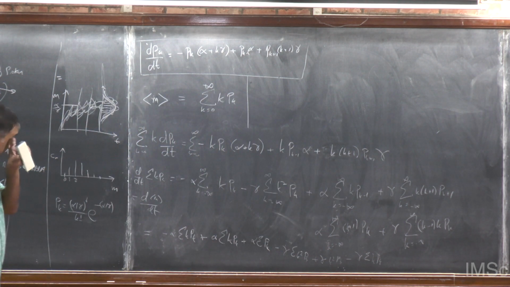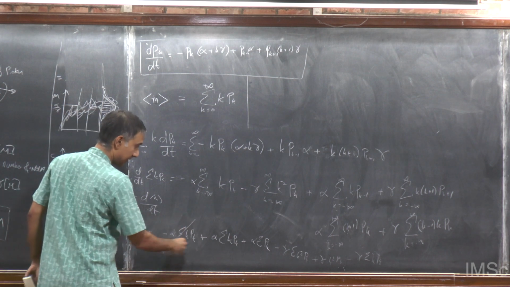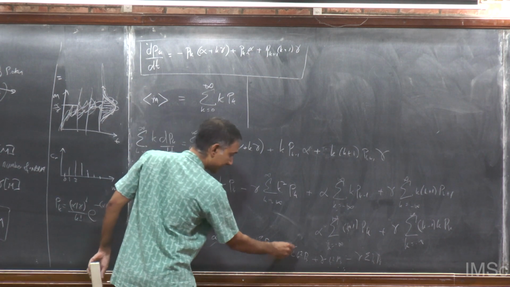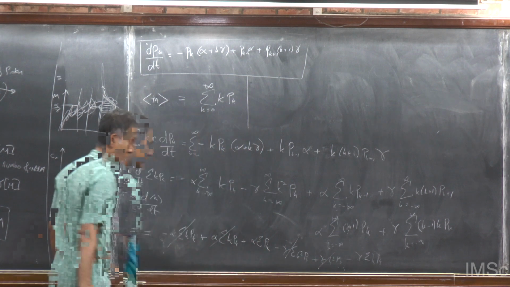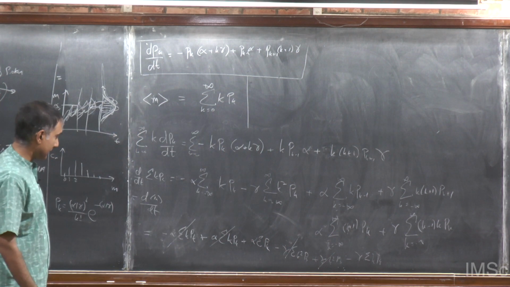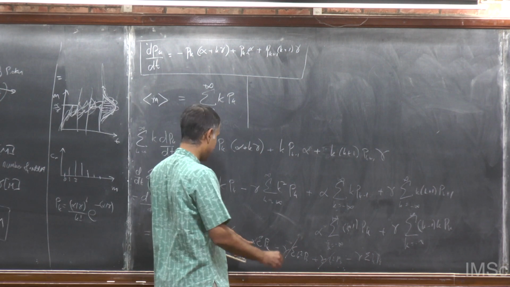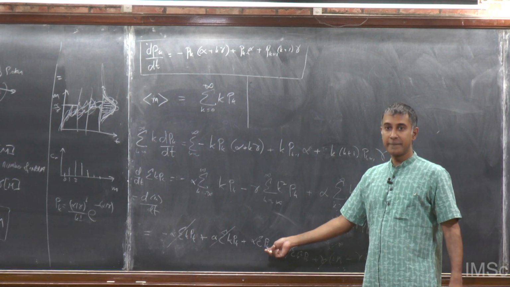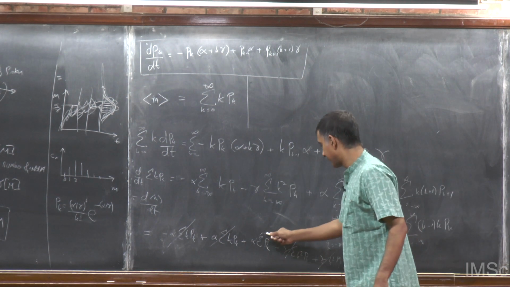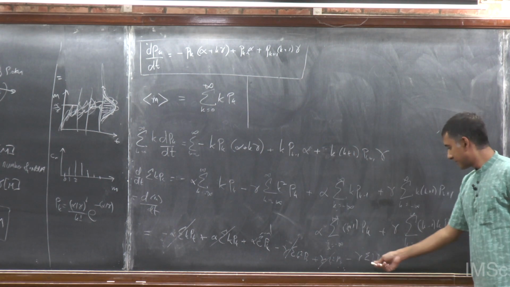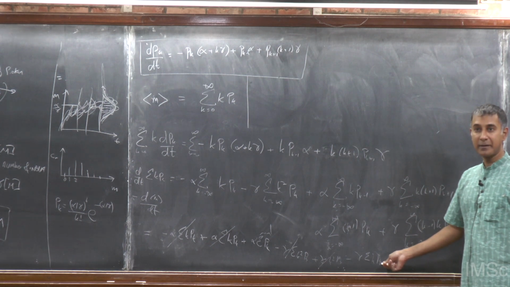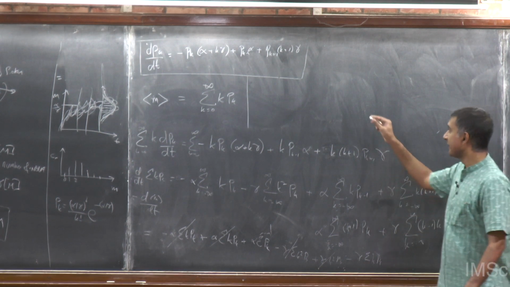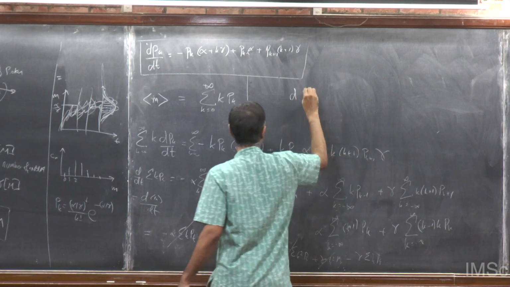Okay. Now when all the dust settles, these two cancel, these two cancel, but you're left with two terms that don't cancel. So what you have is this equation. What is alpha times sum of pk? What is the sum of pk? 1. So this is just 1. And what is gamma times the sum of k pk? Gamma m, right? So you get this equation.